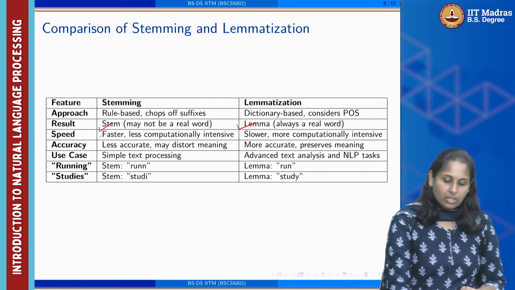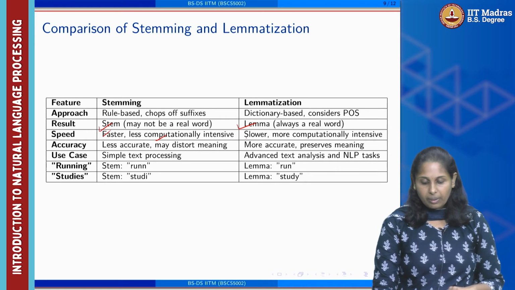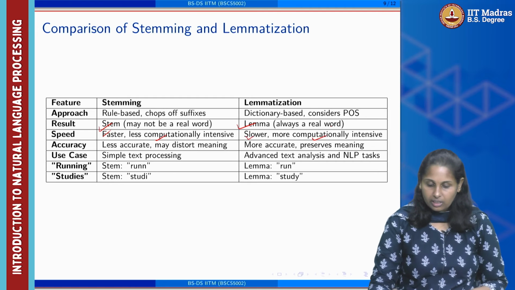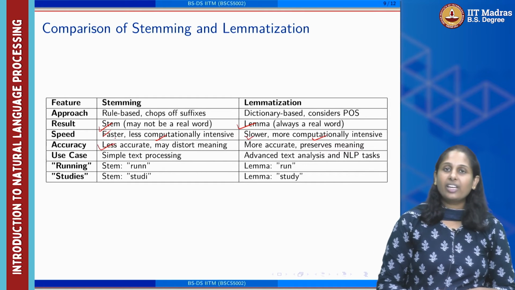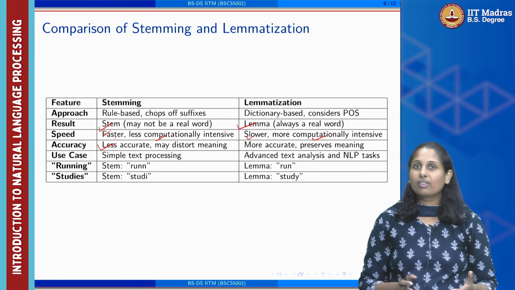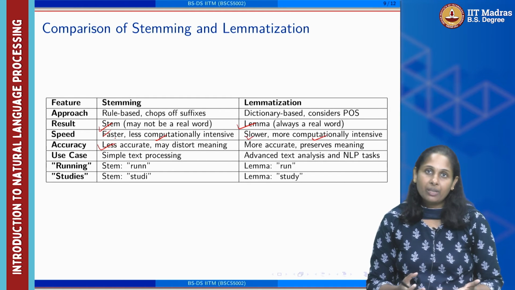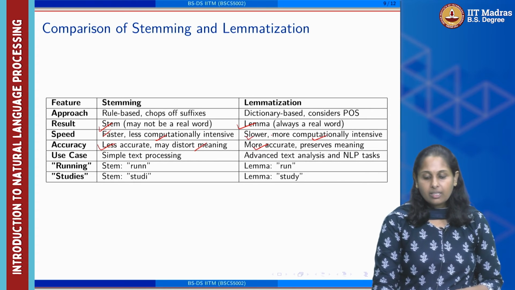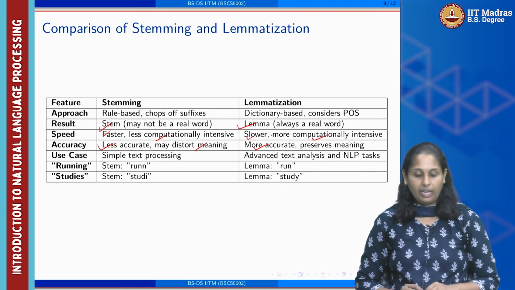And stemming is faster and less computationally intensive, whereas lemmatization might take a little more time and is more computationally intensive. And accuracy-wise, stemming is less accurate because it might produce something which is not there in the language, or something which is ambiguous, right. So it may distort the meaning, whereas lemmatization is always more accurate and tries to preserve the meaning.